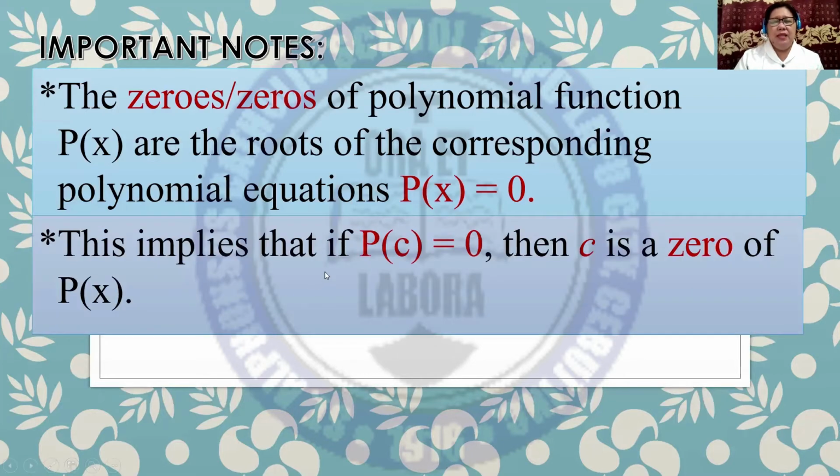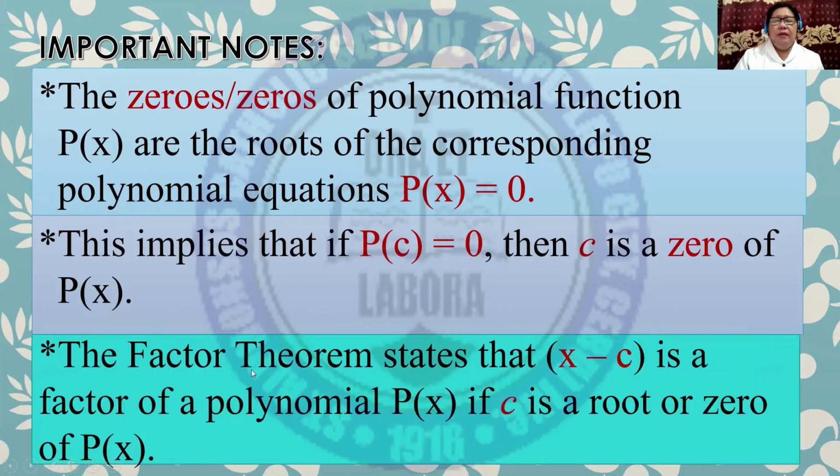This implies that if p of c is equal to 0, then c is a zero of the polynomial. And the factor theorem states that x minus c is a factor of a polynomial p of x if c is a root or a zero of the polynomial.